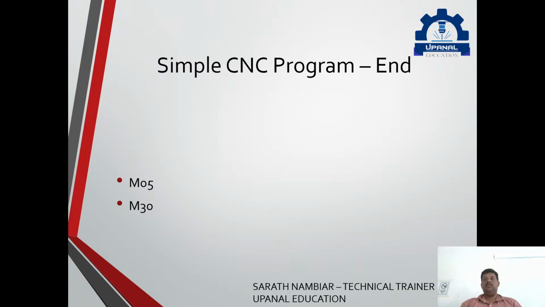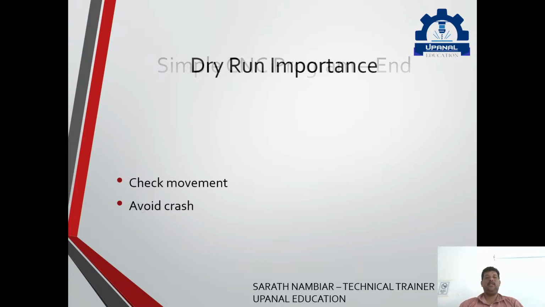Now, what will be done after that? After that, we will do a dry run. What is a dry run? Why do we have to do a dry run? See, I have to remove this material here.